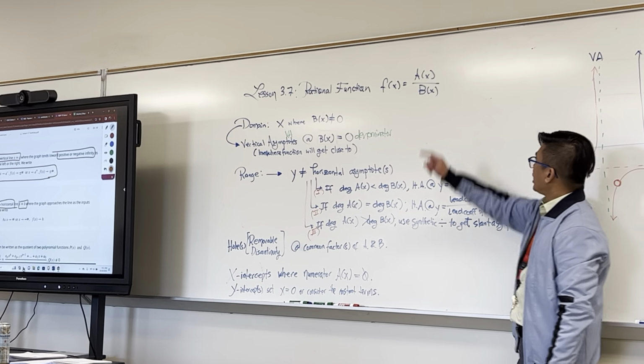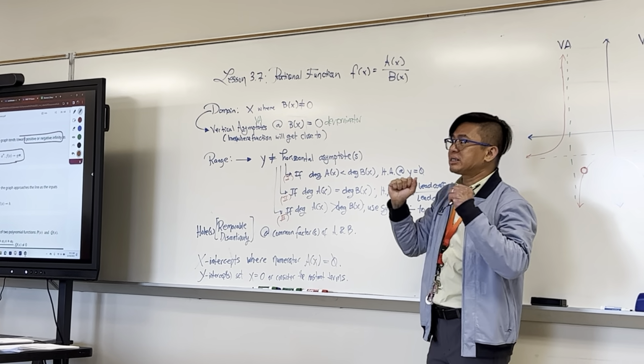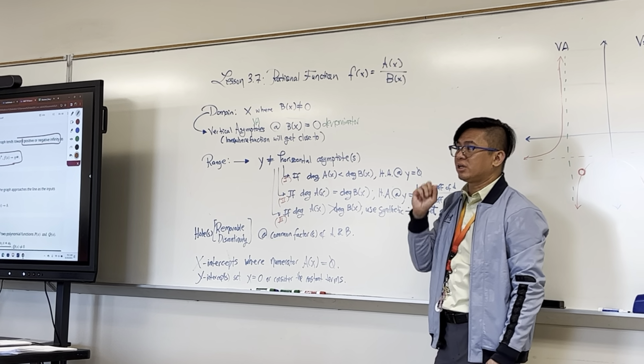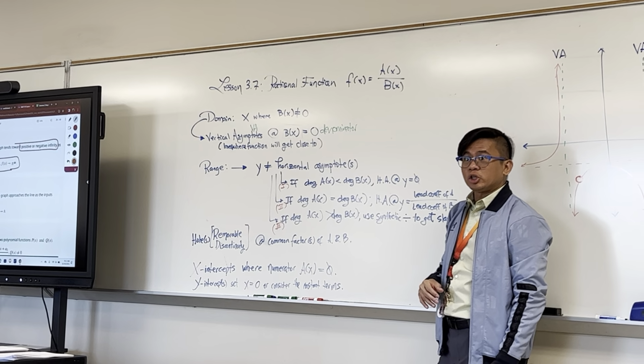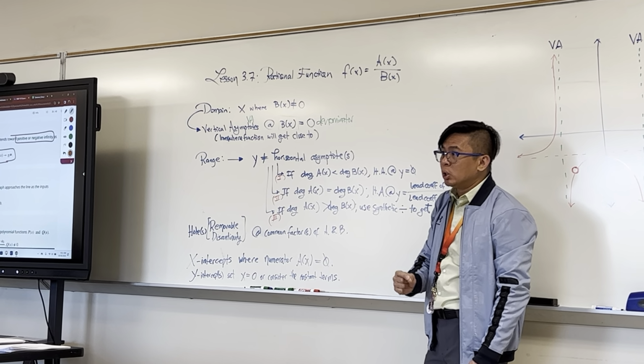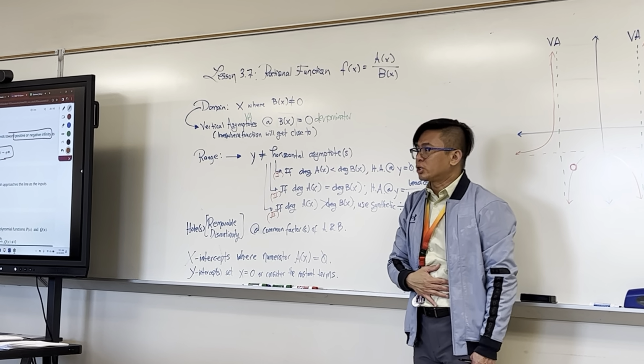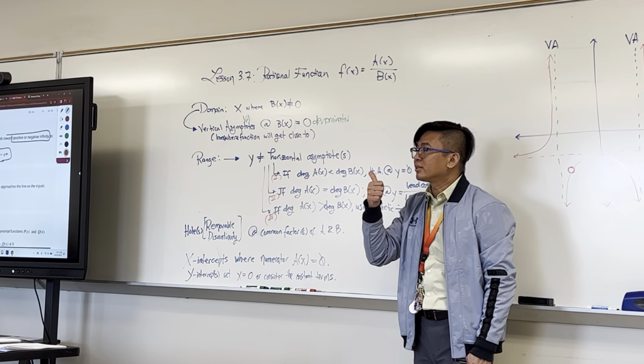Thank you. So again, if both the numerator and denominator have the same degree, for example, they're both degree 3, just look at the lead coefficient above, look at the lead coefficient below, divide those two together, and that would be the horizontal asymptote. You get it?